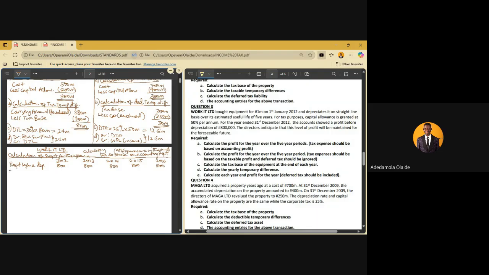Then, what else do we have? We'll now say depreciation. What is our depreciation? The asset is 1 million and it will last for 5 years. The depreciation should be 200 for each year.